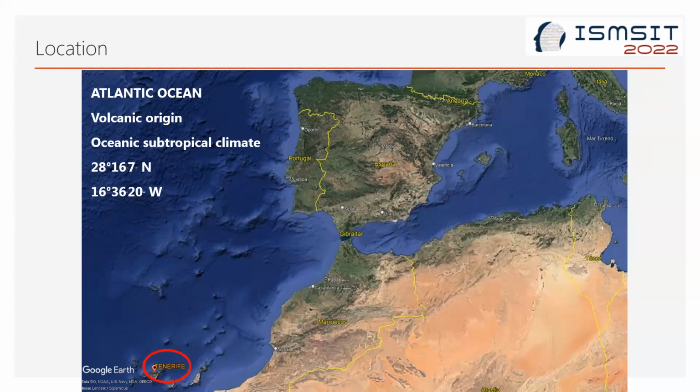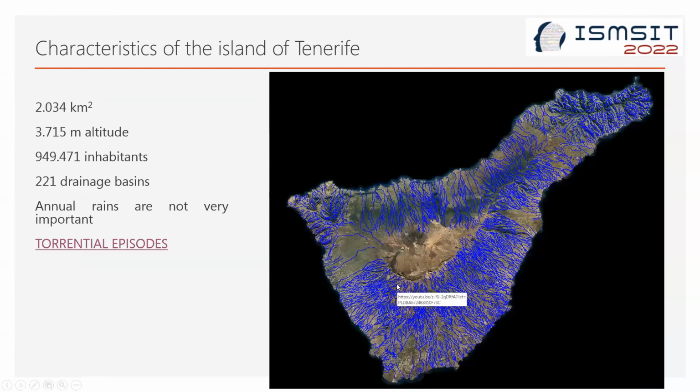The location of the island of Tenerife is determined by the coordinates that appear on the slide. Here is our localization. The island of Tenerife has an area of around 2,000 square kilometers and a population of almost 1 million inhabitants.